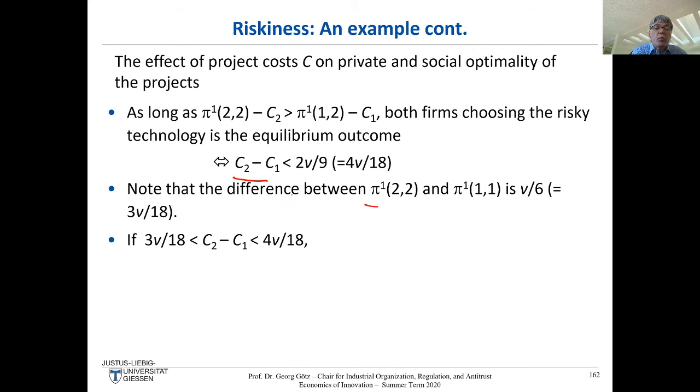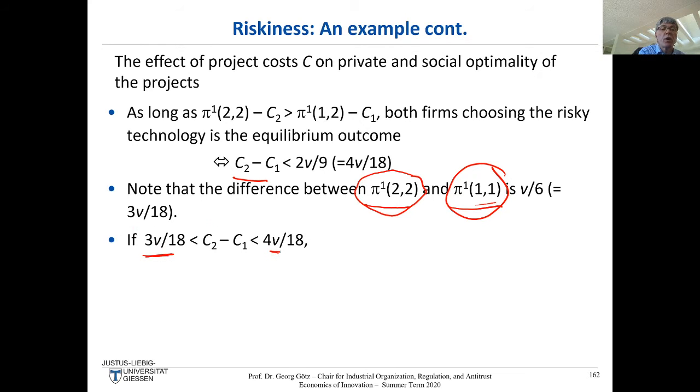And what I wrote down here is a situation in which the profit difference from both having the risky technology to both using the safe technology is just V over 6, which is V over 18. And this is what is here.